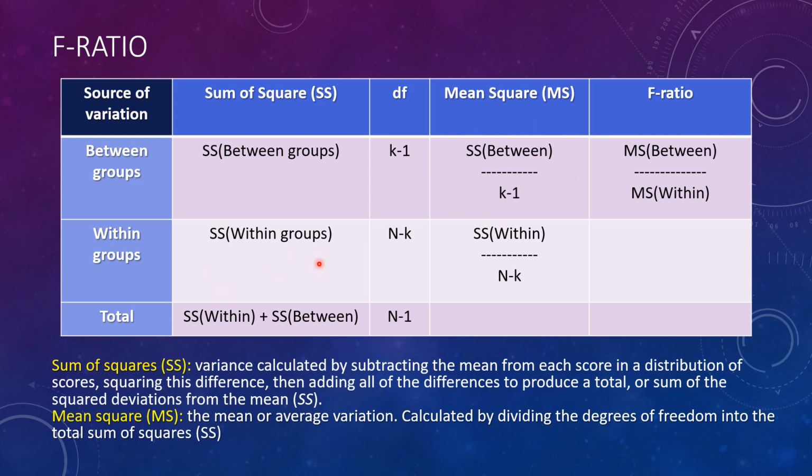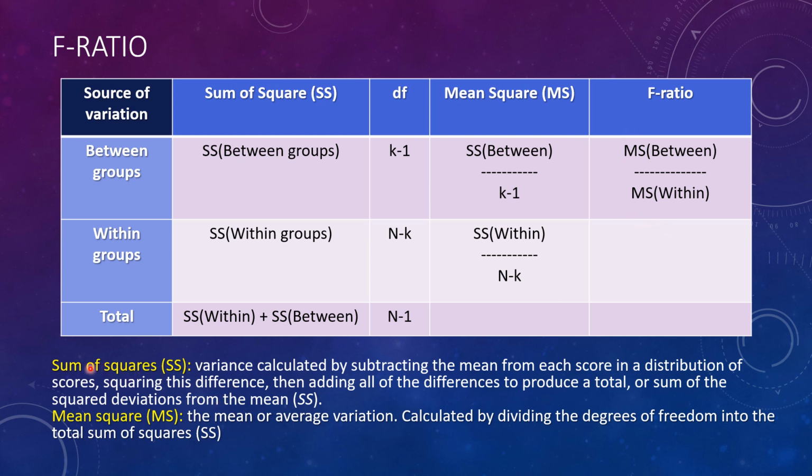Your within groups sum of squares, without going into the math stuff. Here your degrees of freedom is the sample size minus k. And to get your mean square within groups, you divide n minus k into your numerator, and that's going to be your denominator. So this is one fraction divided by another fraction. We're just expressing it more simply here.